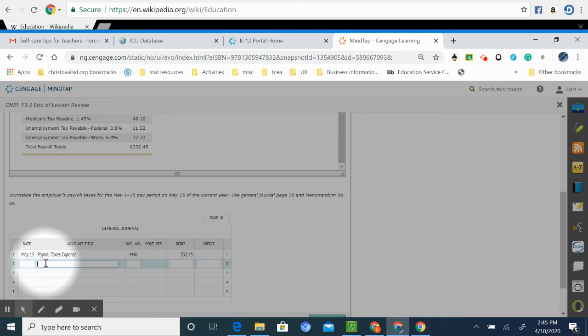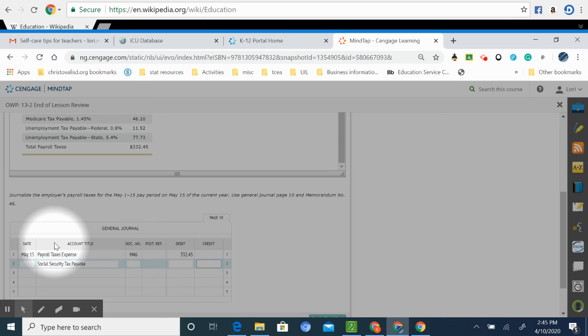So we're going to do our Social Security tax payable. And this is the credit for the above transaction. And so on this one, we're going to actually end up with 4 credits to go with the payroll tax expense debit.